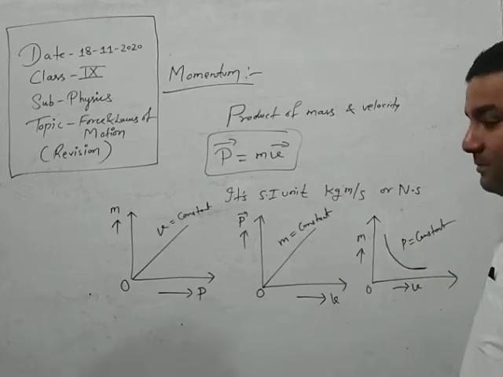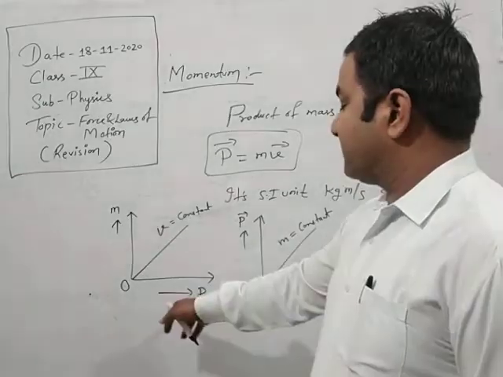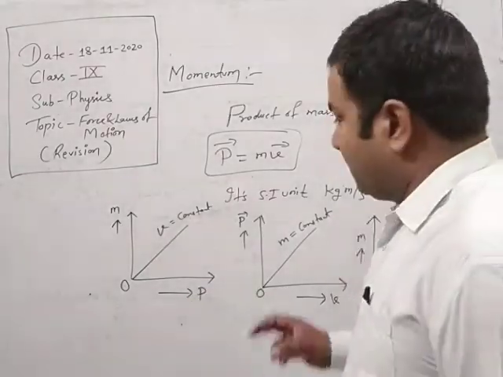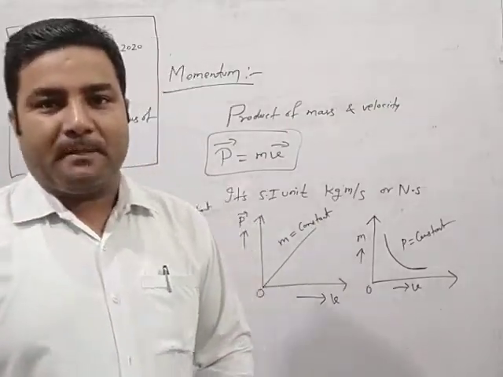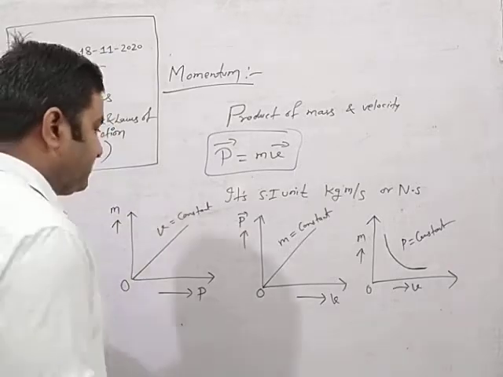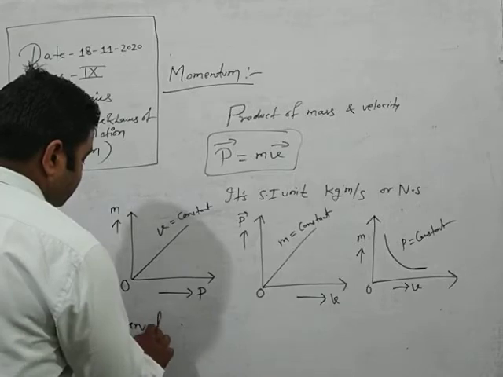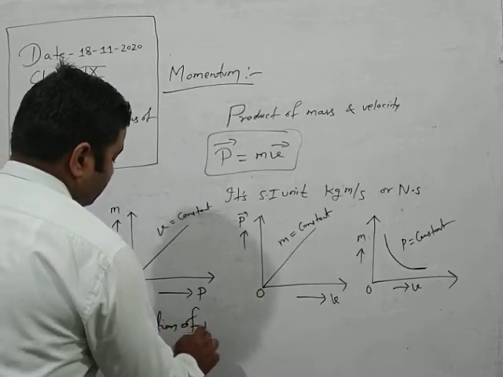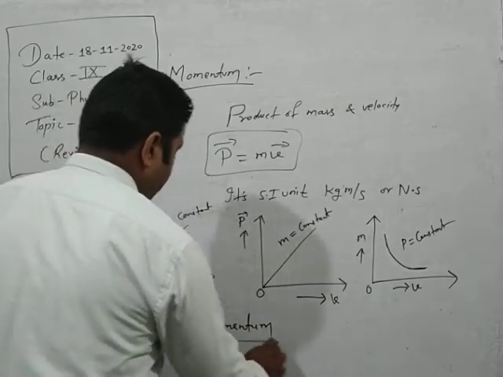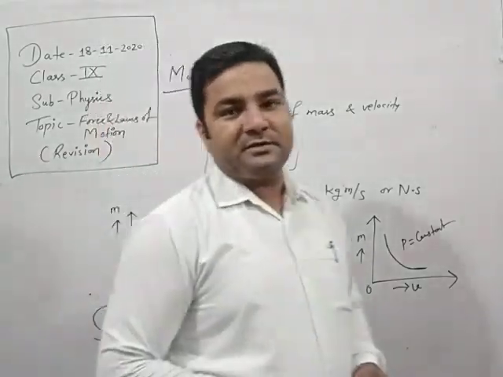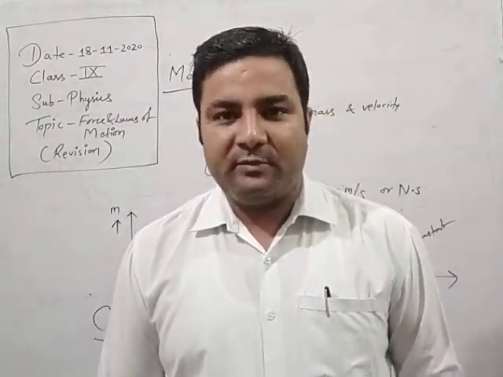After the momentum and velocity, and mass and momentum graphs, the next one is conservation of momentum. Let's see about the conservation of momentum. Conservation of momentum means the total momentum of a moving body is always conserved.